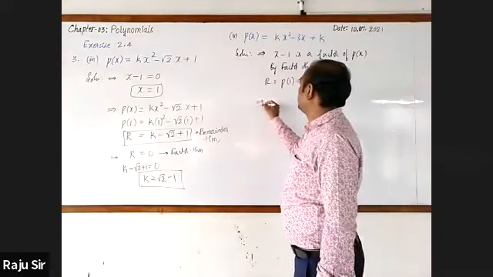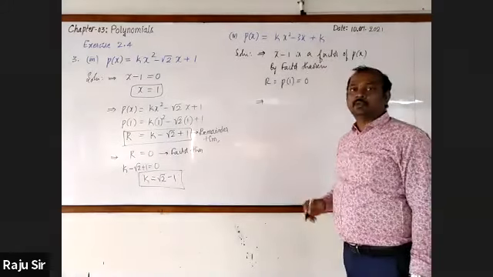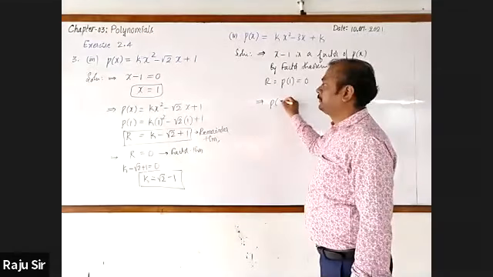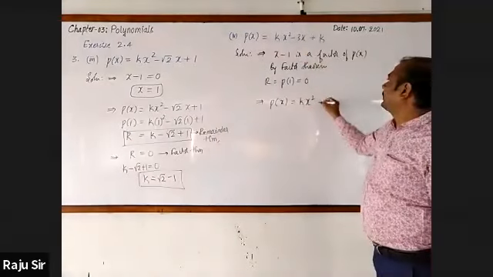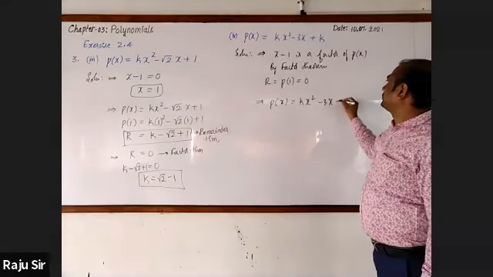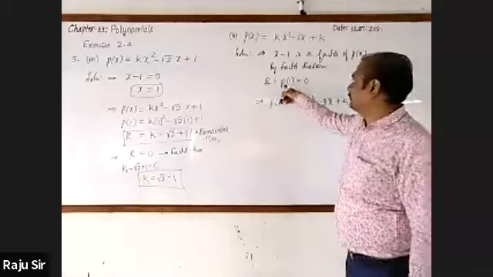Next, now we will find out P of 1. P of x is equal to kx square minus 3x plus k.